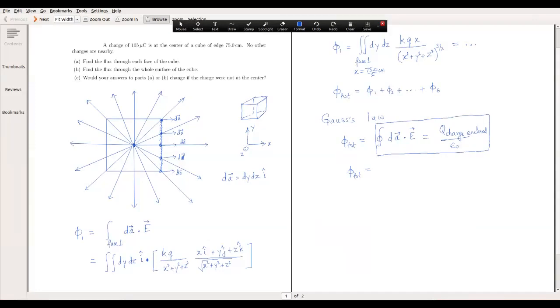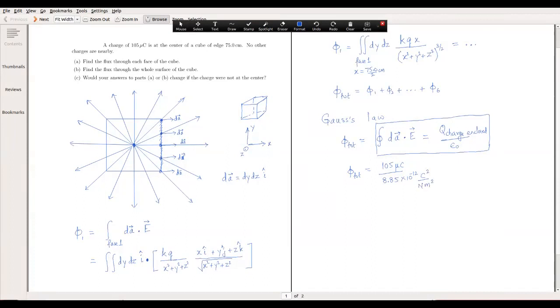So phi total is simply the total charge, which is 105 microcoulomb, divided by epsilon naught, which is 8.85 times 10 raised to minus 12, and epsilon naught is in coulomb squared over newton meter squared.